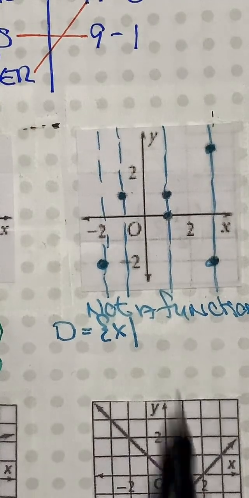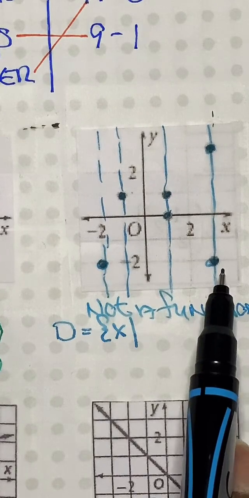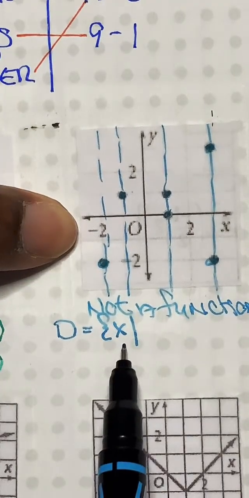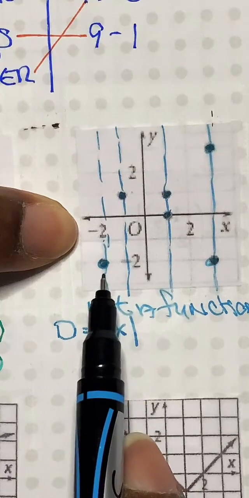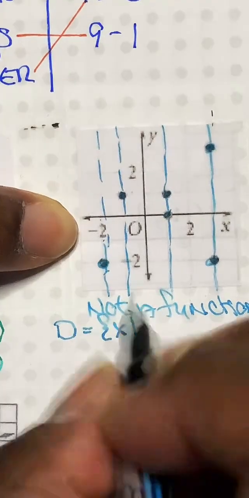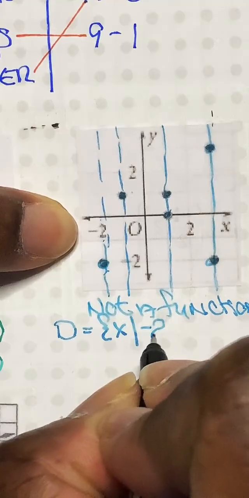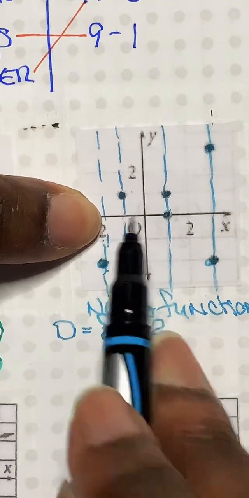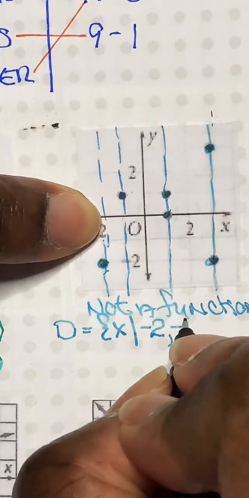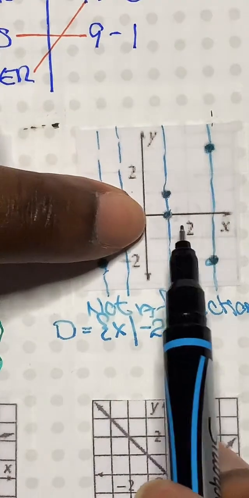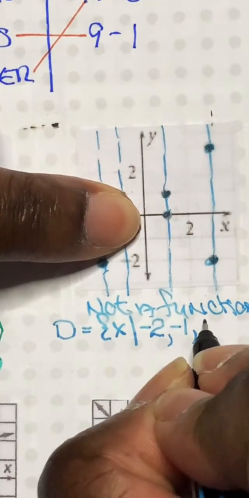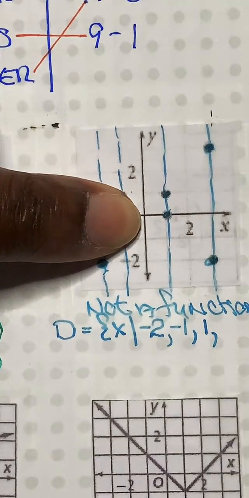Okay, so if we are to list the x's, that's what your domain is. Start with the lowest number. There was a point when x was -2. There is a point when x is -1. There are 2 points when x is 1, but we only have to write that one time.